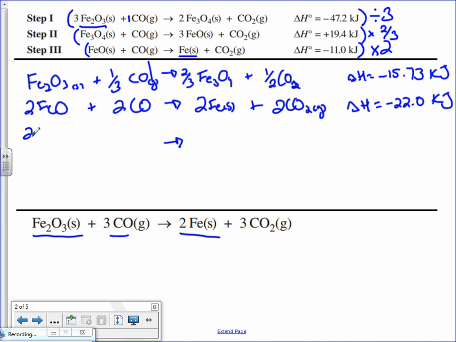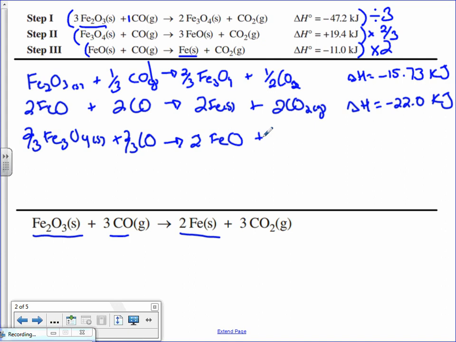So we get 2/3 of these guys that I want to cancel. And then we'll have 2/3 carbon monoxide. 2/3 times 3 will just give me 2 iron oxides, which I also need to cancel at the end.